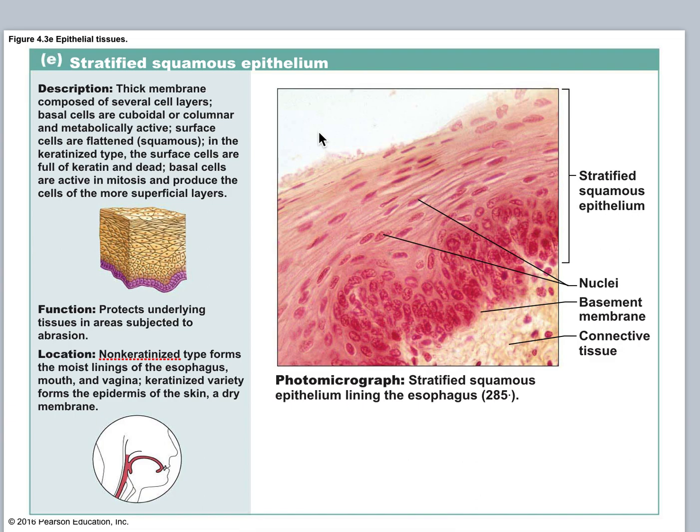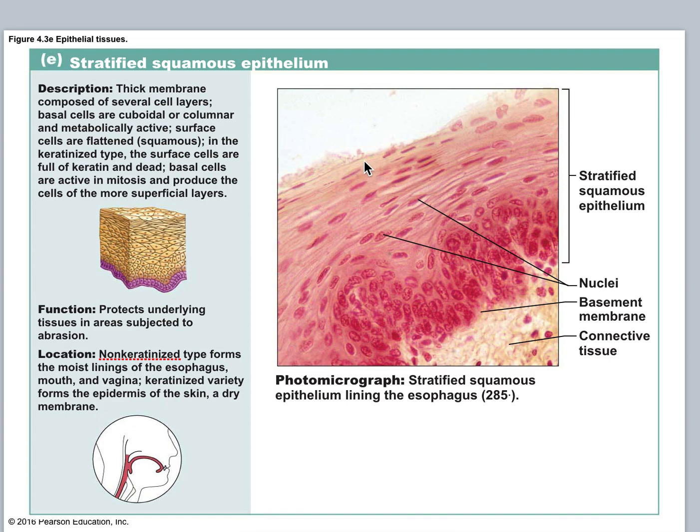We talk about stratified squamous epithelium. Again, the cartoon showing the multiple layers of cells, and then the microscopic picture showing the multiple layers of cells here. Notice the shape of the cells changes. Here on the basal membrane, the cells are larger, more cuboidal shaped, and as they get towards the apical surface, they flatten out, become flatter.